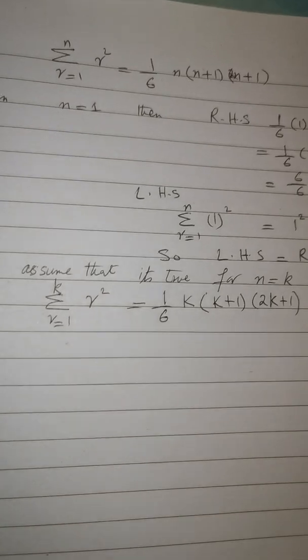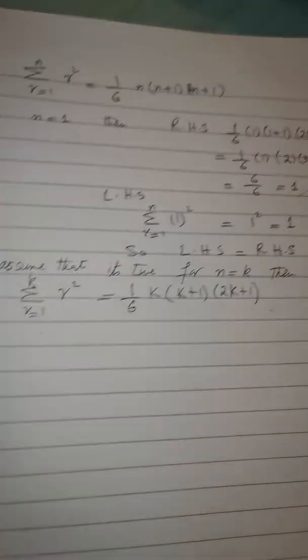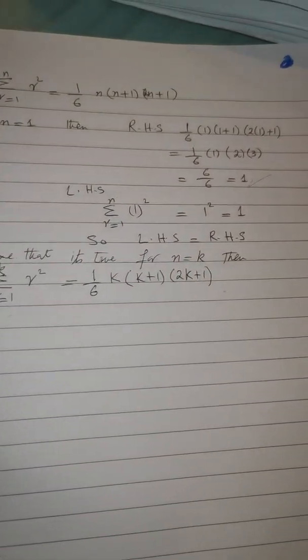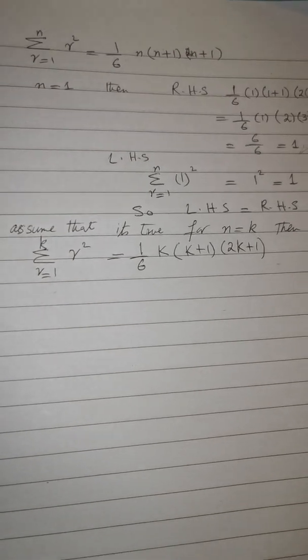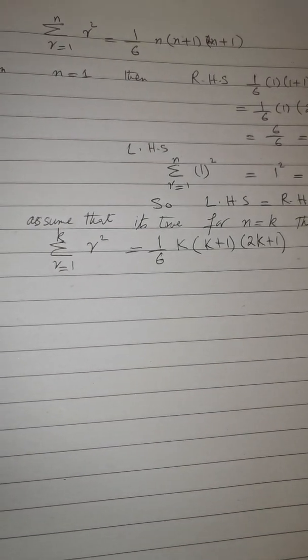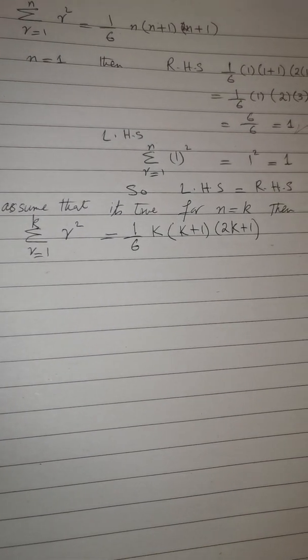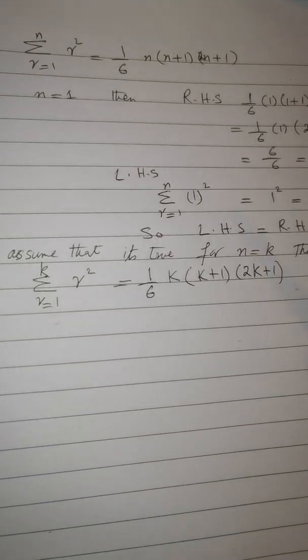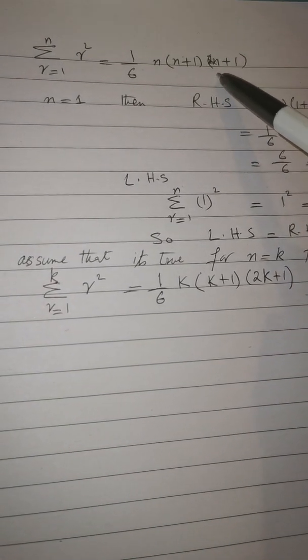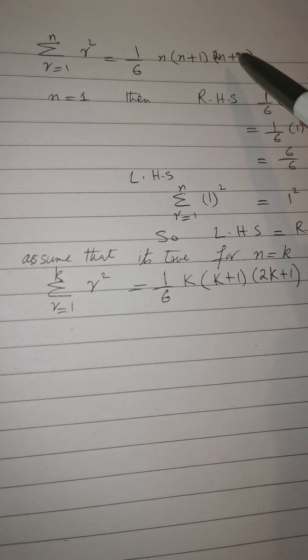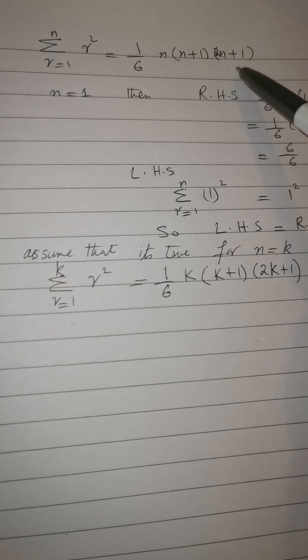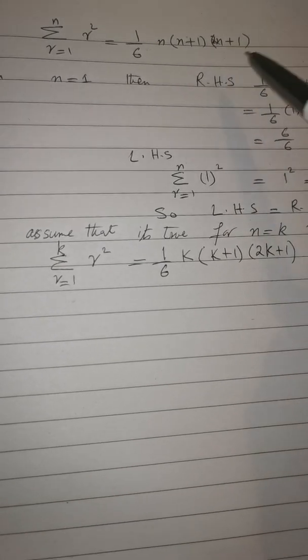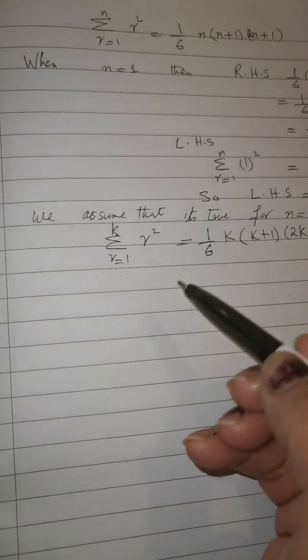For n is equal to 1, I have proved in front of you that the left hand side is equal to the right hand side, and then I assume that it's true for n is equal to k. Then wherever in this given statement we have n, I will put n is equal to k. We have done this step.